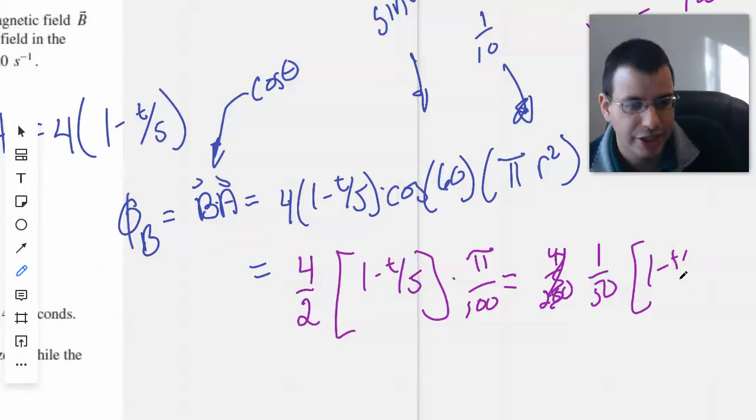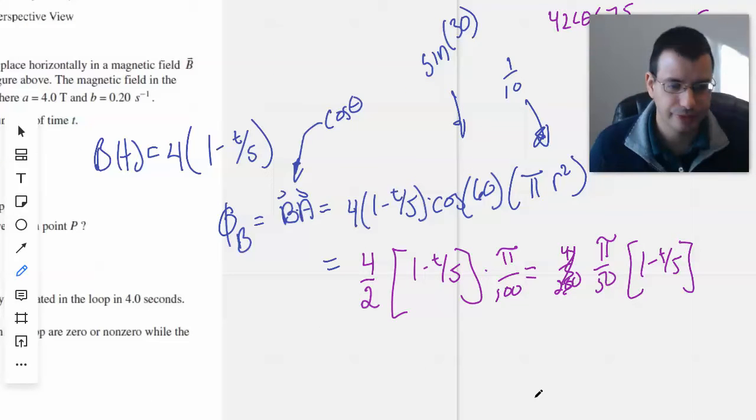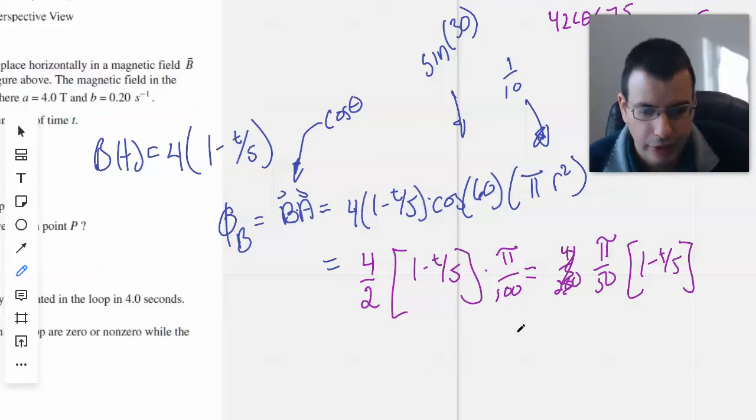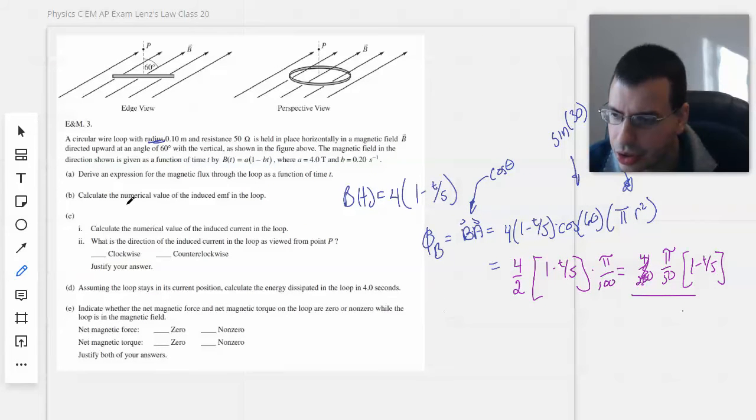One minus t over 5 times pi. There we go. And looks good. Derive an expression. Make sure we got everything. Function of time. Yep, only a function of time.